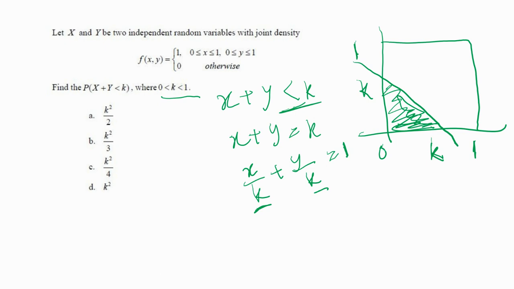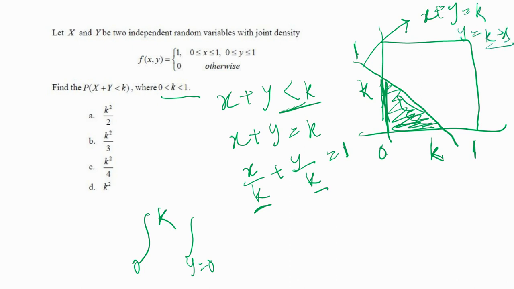Now you can take any variable first. So first one will be 0 to k. Let's say x is from 0 to k and y is from the line y is equal to 0, and this is the line x plus y is equal to k, right? So y will be k minus x.